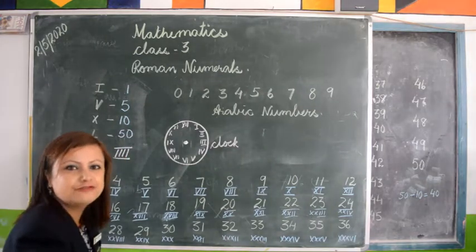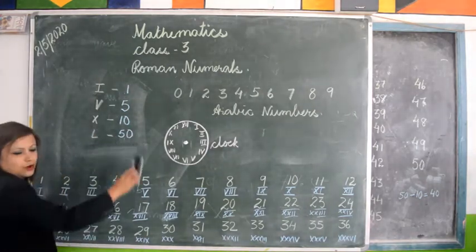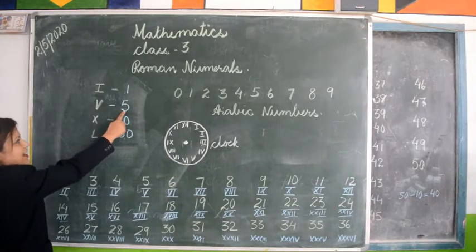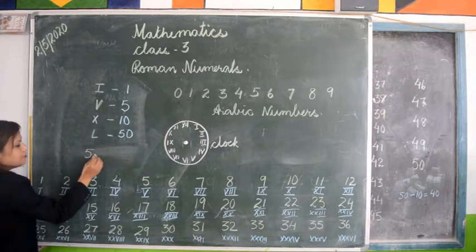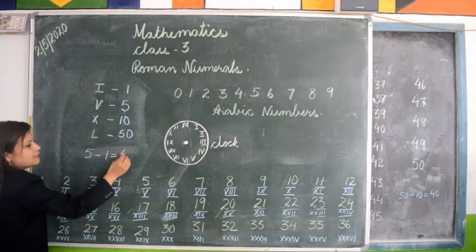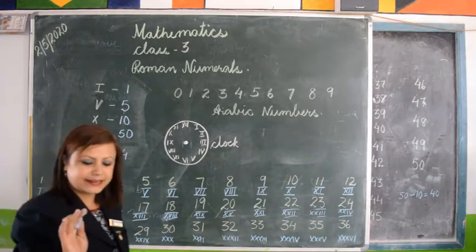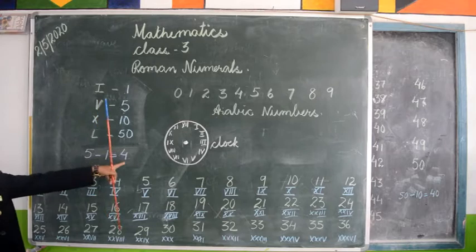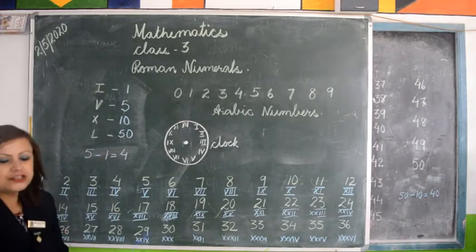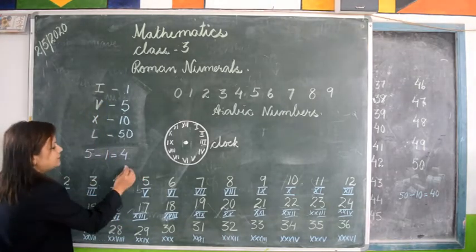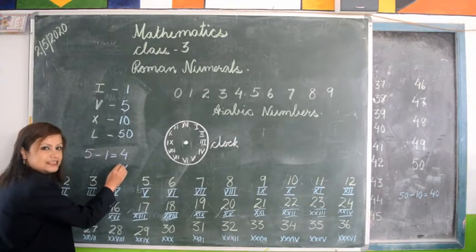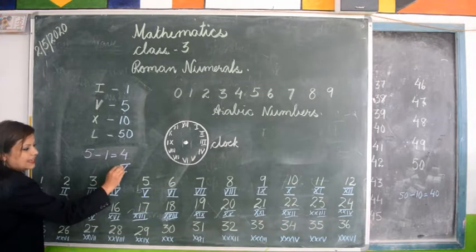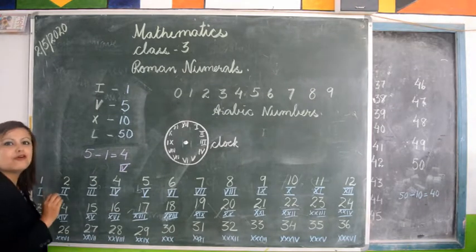So how do we write 4? Look at this 5. 5 minus 1 makes 4. To make this Roman numeral, we write 5 here, then 5 minus 1, that is I. This is 4.